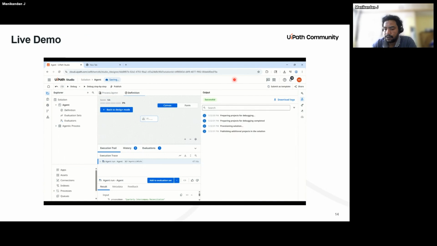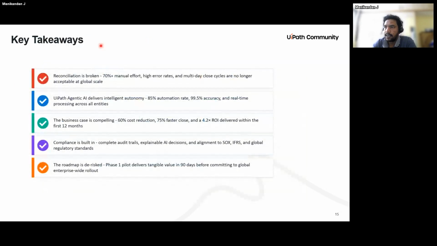So, the key takeaways. How reconciliation was broken: manual effort was 70%, higher error rates, and a multi-day closing cycle, which we are discussing. It will go to an automation rate of 85 percent and accuracy of 99.5 percent.